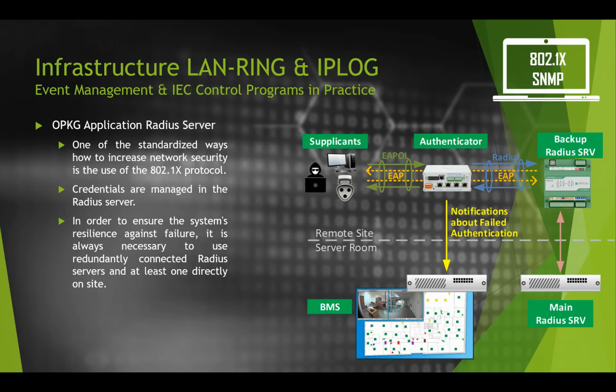In large-scale systems where individual objects are connected by remote cable routes, it is therefore necessary to have a separate backup RADIUS server in each remote object in case of loss of communication with the main RADIUS server. iPLog can serve well as a backup RADIUS server. Unlike standard servers, it does not need an air-conditioned space for its operation.